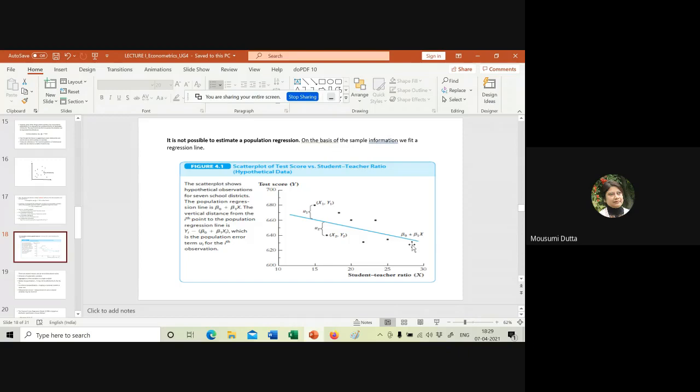On the basis of the sample, we will try to estimate it. However, if we can minimize the error components, then this line will indicate the relationship for the entire population too. So this is the idea.